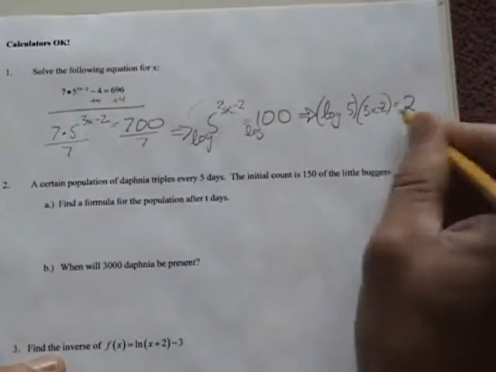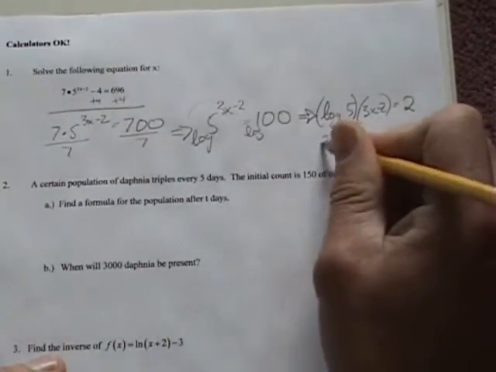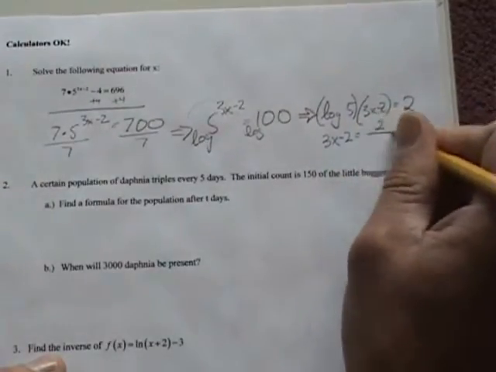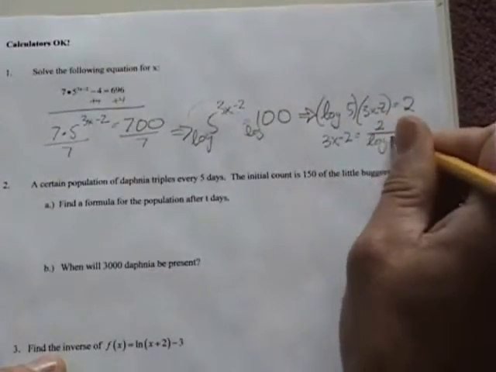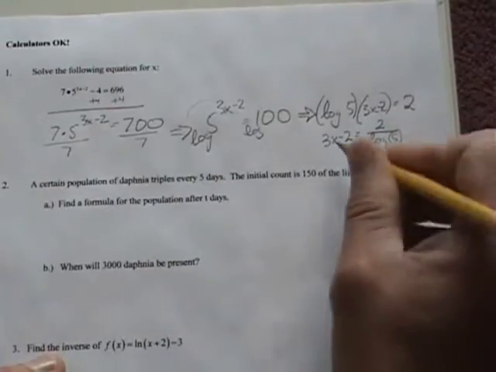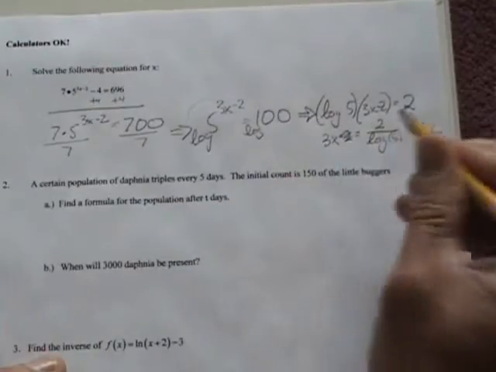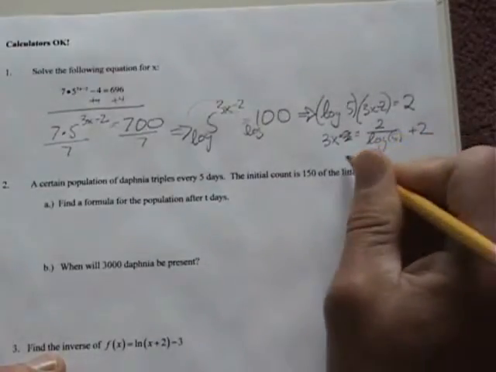Well, log base 10 of 100 is just 2. So now I'm going to divide both sides by log base 10 of 5, so I get 3x minus 2 equals 2 over log base 10 of 5. Then I add 2 to both sides, and divide both sides by 3.